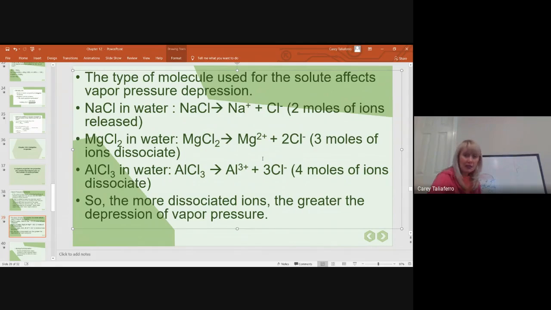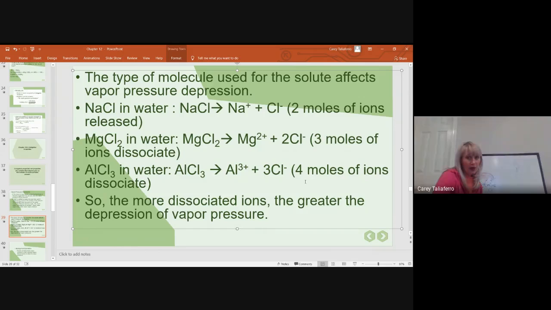If you do magnesium chloride, which dissociates into 1 mole of magnesium right here and 2 moles of chloride, you actually get 3 moles of ions in the water. And then if you go to aluminum chloride, you get 3 moles of chloride ions, and 1 mole of aluminum ions. And so you actually get 4 moles of those ions that dissociate in water.